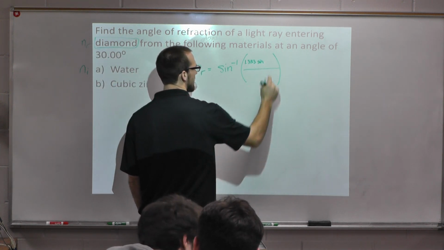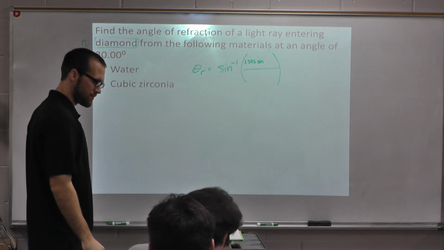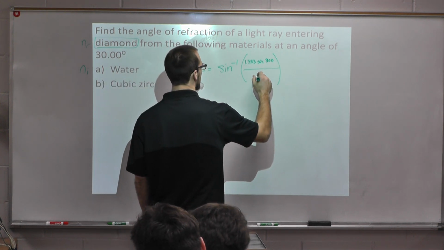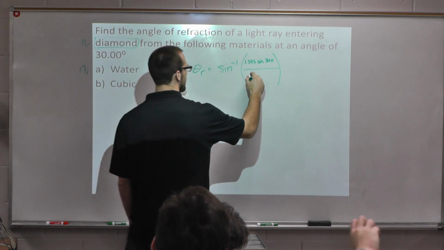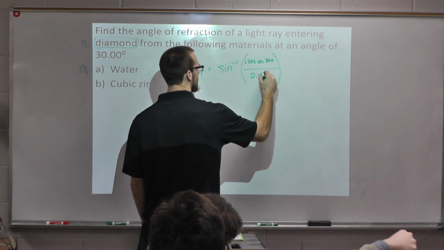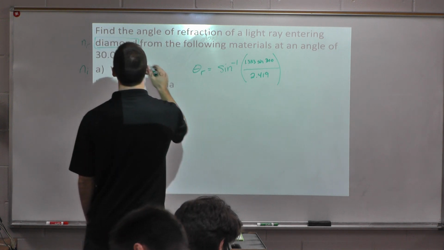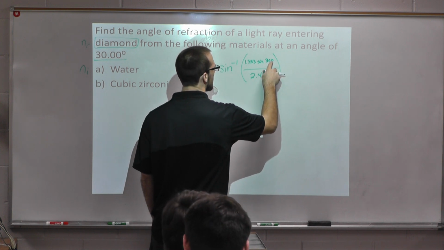Sine of, what are we doing, water? Or 30 degrees. And what's diamond, 2.4 something? 2.419. What's the theta? Theta is 30. Yep, right here. I don't know why I put 300.